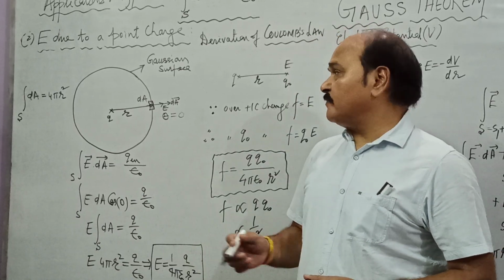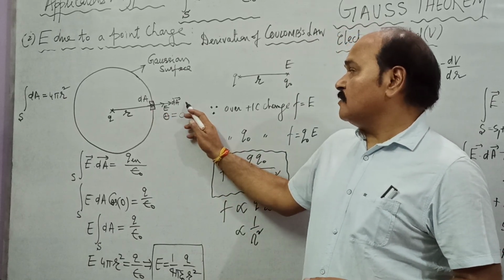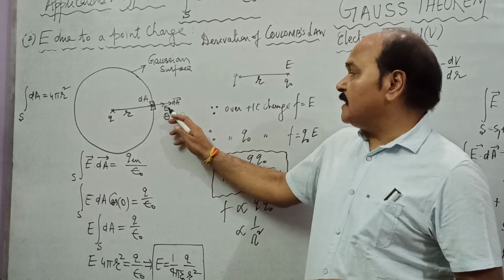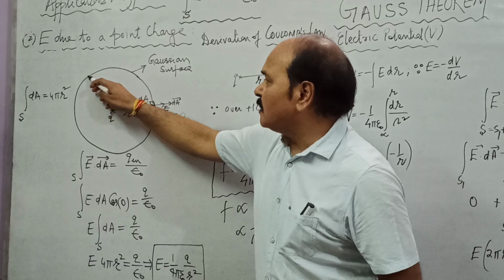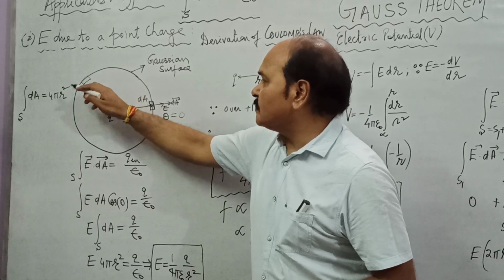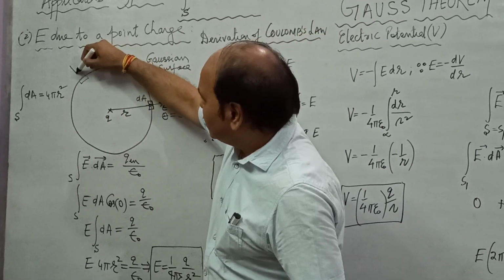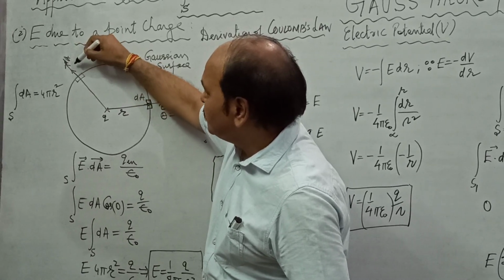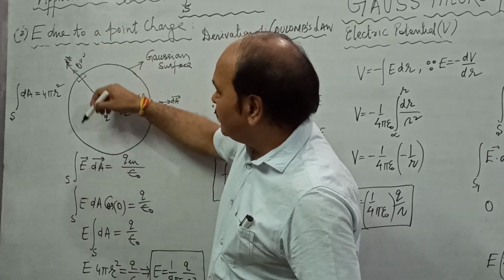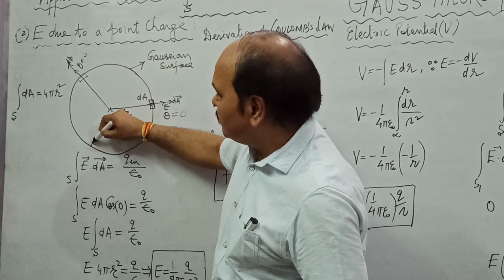It is normal to the surface. So here the angle between E and dA is 0. Not only here, anywhere we take a very small elemental area all over the surface of a sphere, everywhere the angle between dA and electric field intensity would be 0.